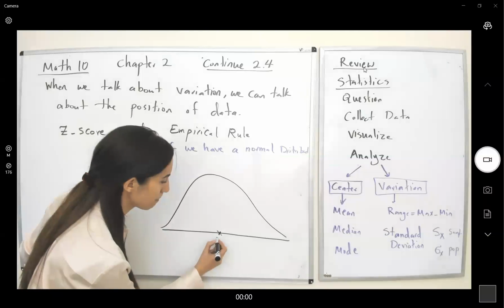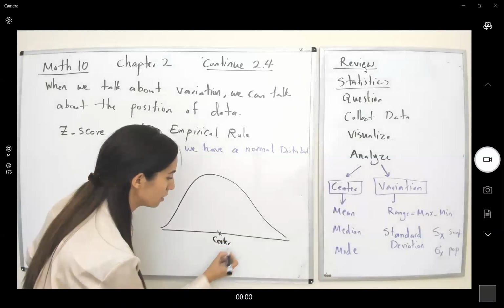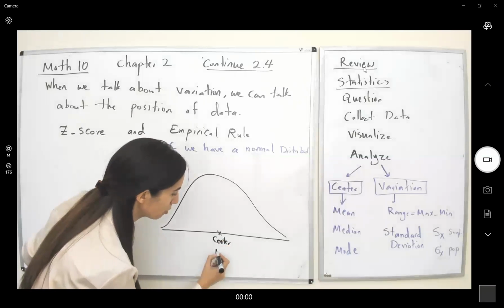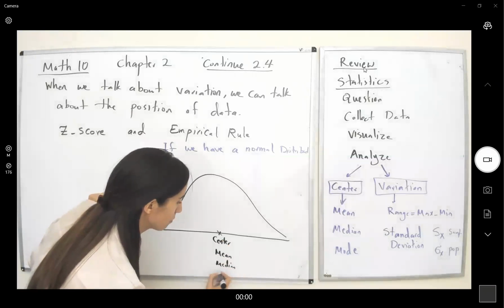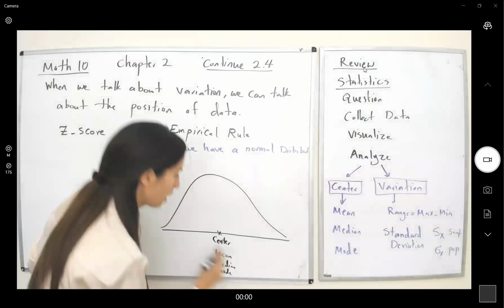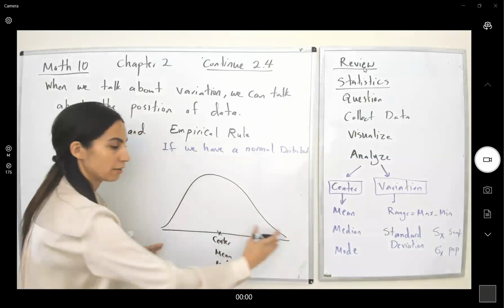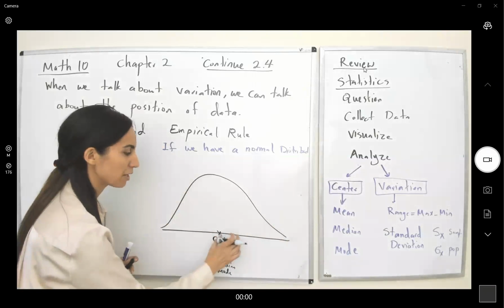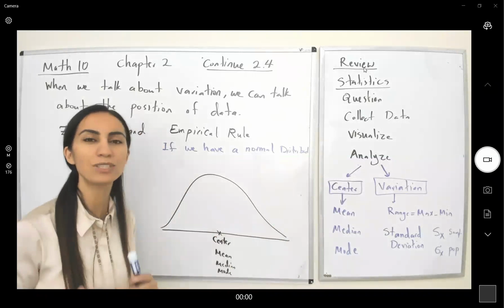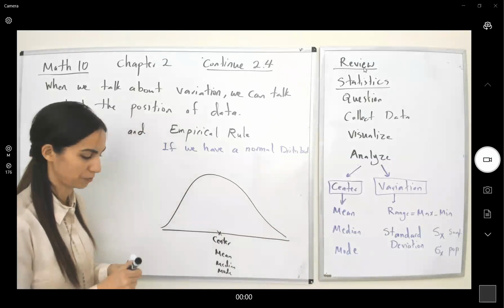This is the center. So the center, mean, mode, or median. We can actually divide this line into separate pieces using standard deviation.